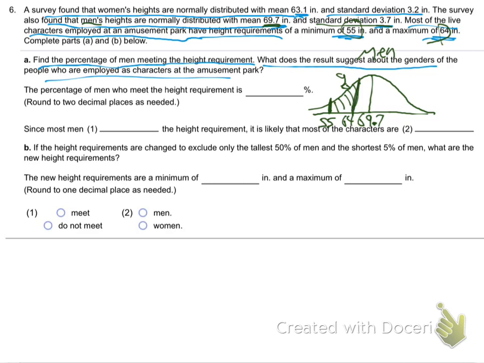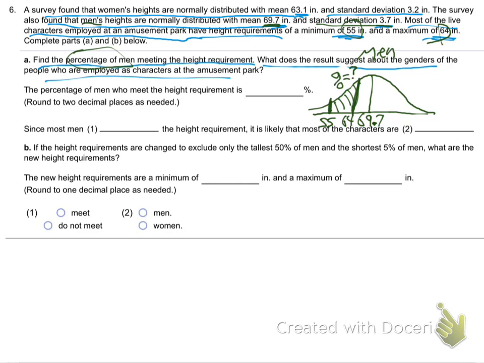Both those numbers are below the average man's height. They're saying that the characters that walk around at the amusement parks have a height requirement between 55 inches and 64 inches, both below the middle height for men, 69.7. So the question is, what percentage of men are in that category? What's the percentage of men between those two heights?